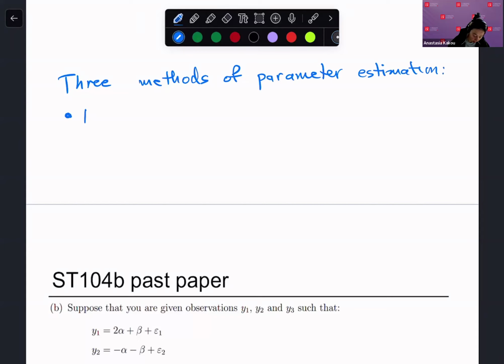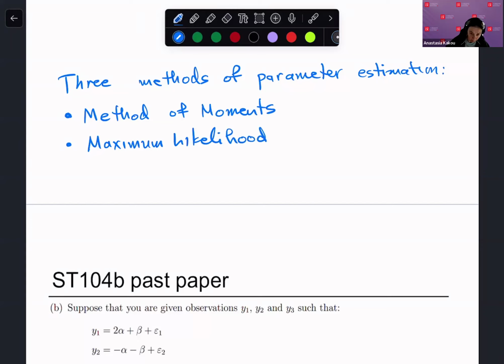The first one is the method of moments. The second one is the maximum likelihood method, maximum likelihood. And the third is the least squares estimator, least square error estimator.